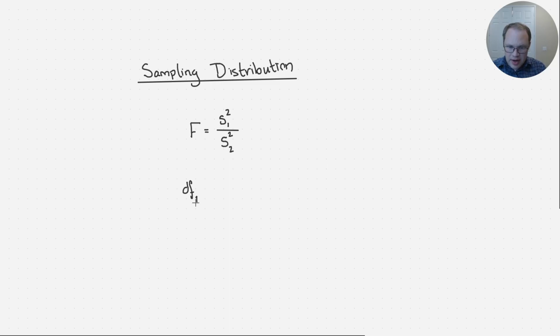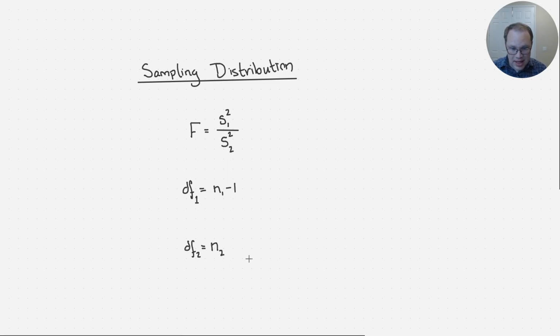We do have to specify our numerator degrees of freedom and our denominator degrees of freedom in order to know what F distribution we're working with here. These degrees of freedom might be what you would expect. Our numerator degrees of freedom is one less than the sample size that we used to find the sample standard deviation in the numerator. For our denominator degrees of freedom, we look at the sample that we used to find that sample standard deviation in the denominator.